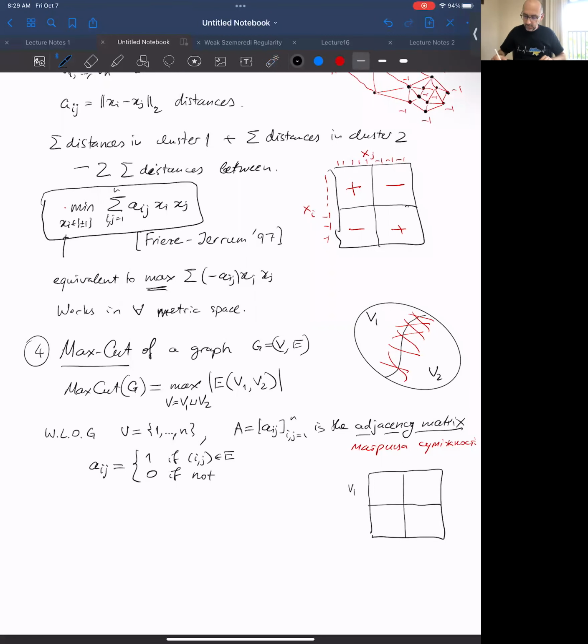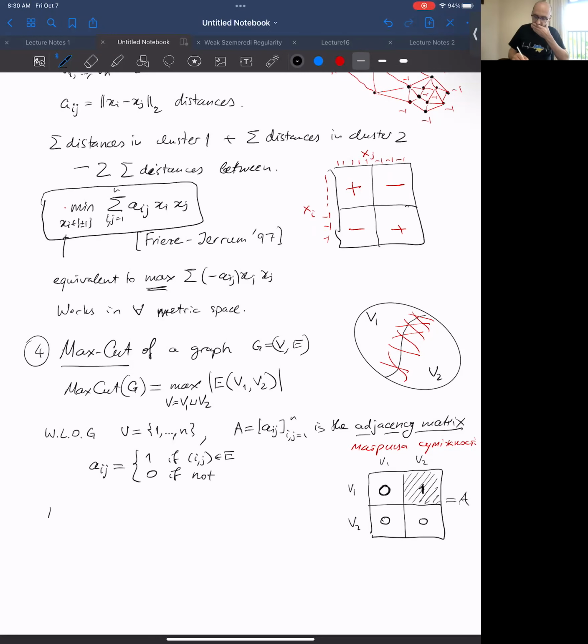If this is V1, this is V2, and I'm looking at the matrix, I would like to include this and only this in the count, right? If this is my A, I would like to sum the entries just there. That will be the number of edges that connect V1 to V2. So I would like to set this as 0, this is 1, this 0, and 0. So how do we do that?